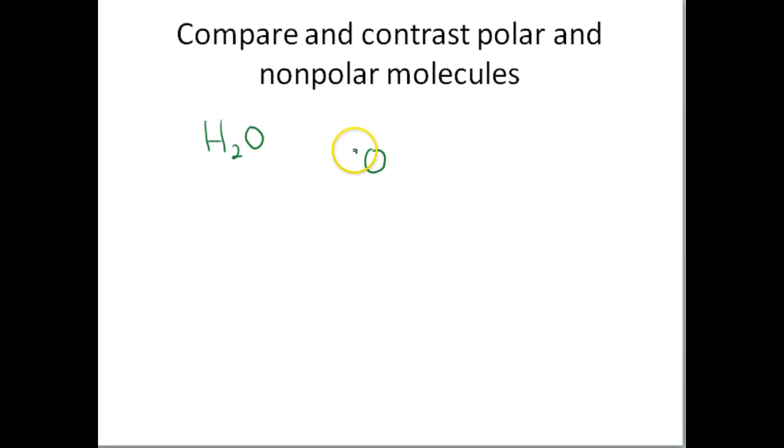So it has 1, 2, 3, 4, 5, 6 valence electrons, and it will bond with hydrogen. So there's 1 electron from hydrogen, there's another electron from hydrogen, and oxygen now satisfies the stable octet rule.